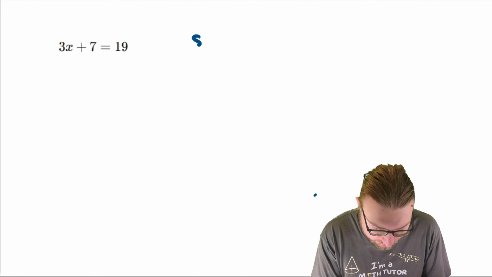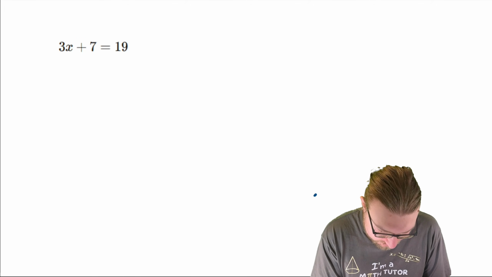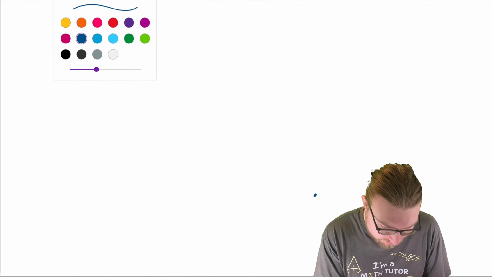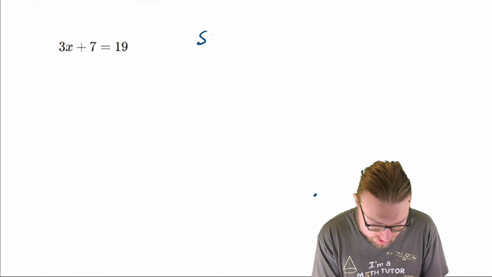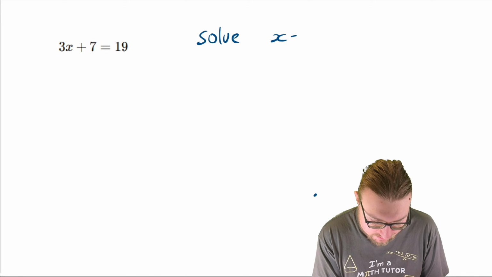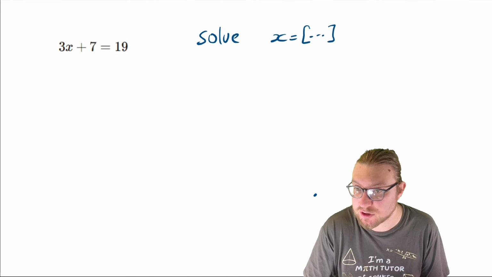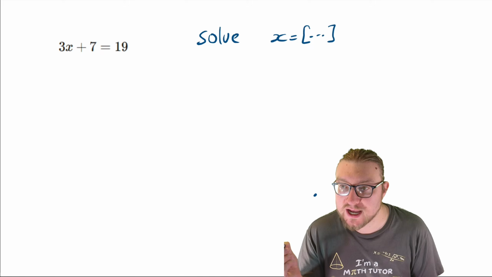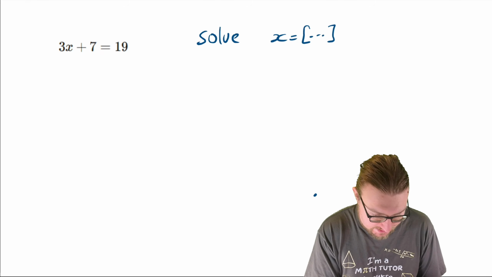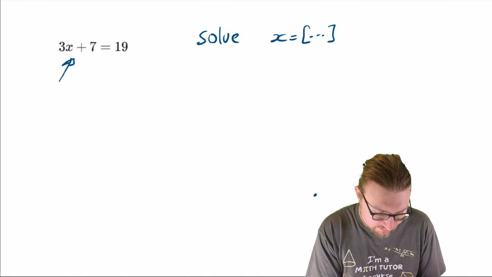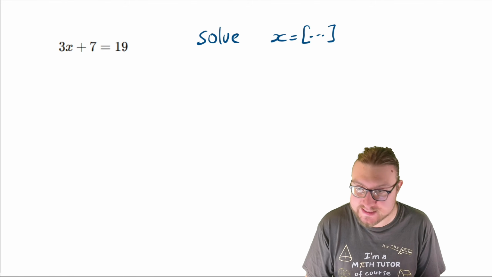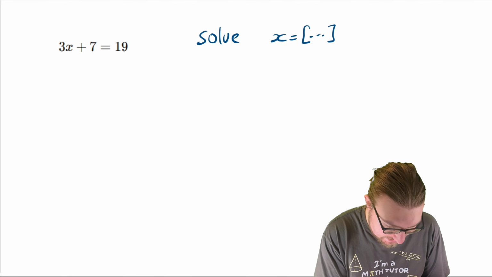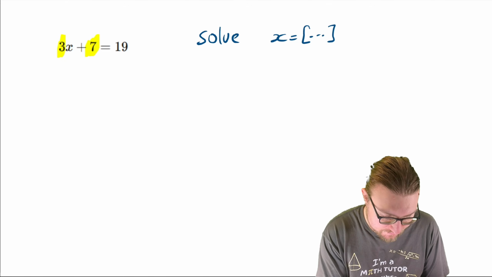Now, when we are solving, oh, that is a very big pen. One second. If we're solving, that means we want to have x equals and then some number or expression. So here we see our x over here. And if we want to have the x by itself, there are two things in the way, the 3 and the 7.